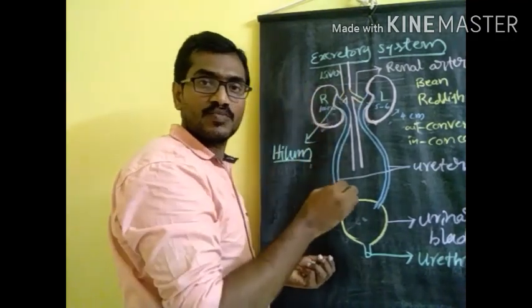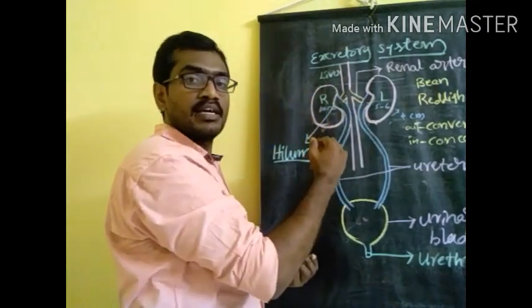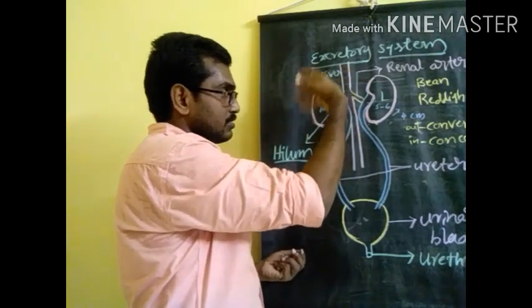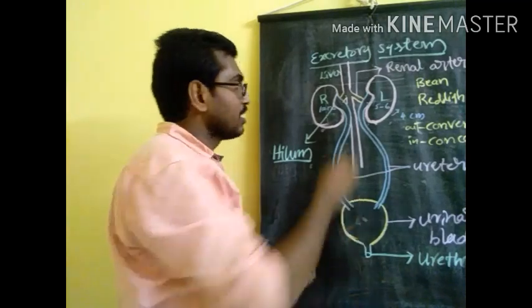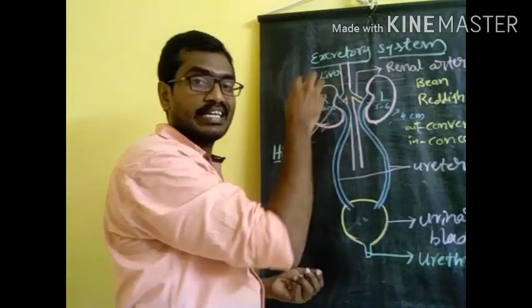So what happens inside the kidneys? Oxygen is utilized, and the metabolic waste present in that blood is filtered in the kidneys.